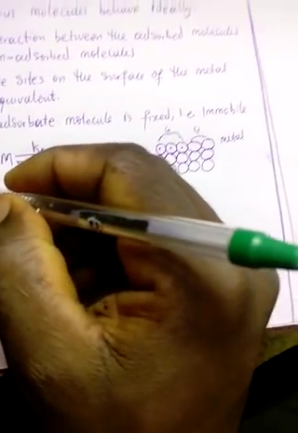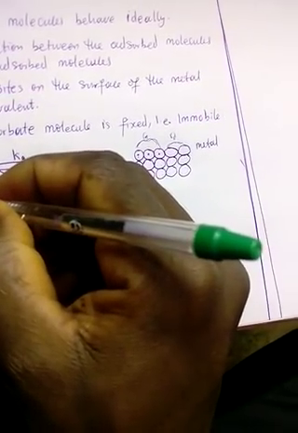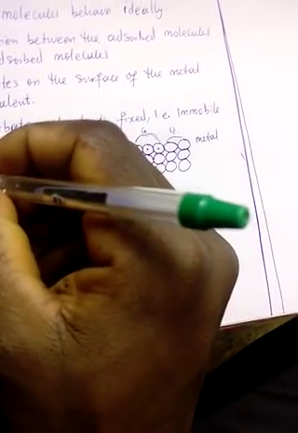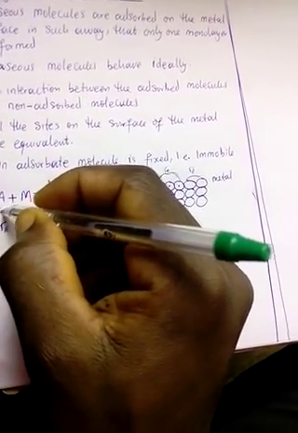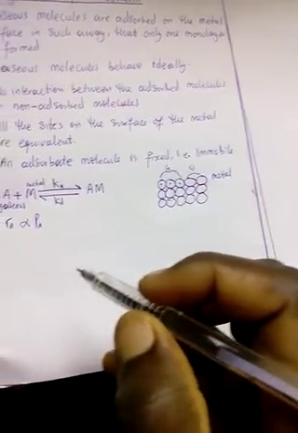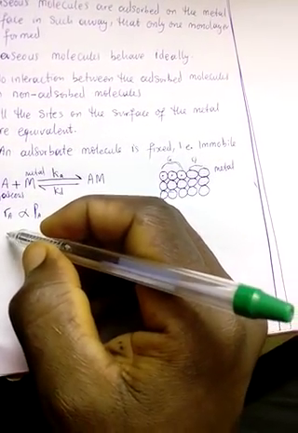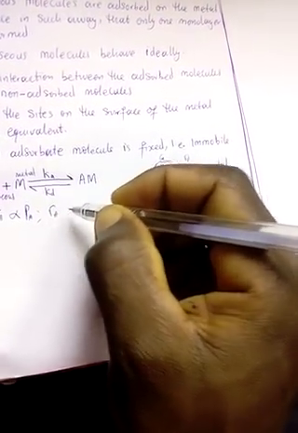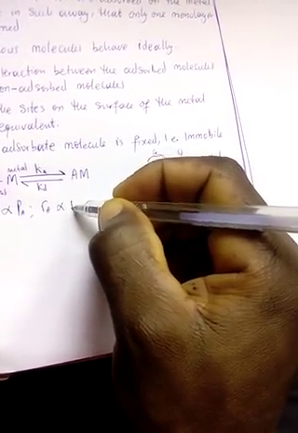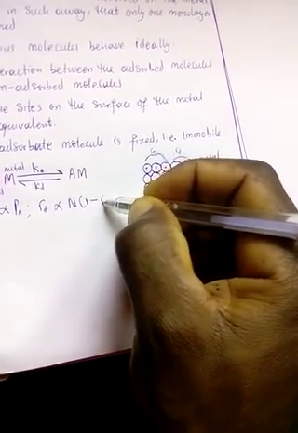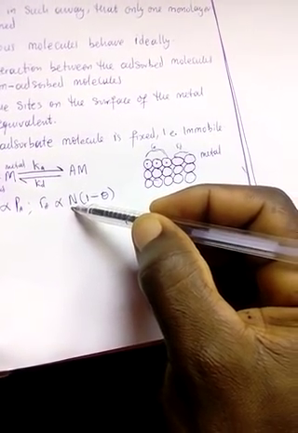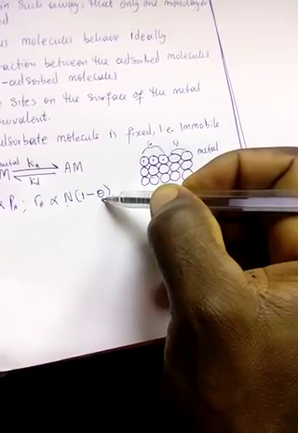So the rate of adsorption of A is proportional to the partial pressure of gas A. This is our gaseous molecule, and this is the metal. Also, the rate of adsorption varies proportionally to N(1 - θ), where N is the number of sites present, and θ is the fraction of the number of sites adsorbed.